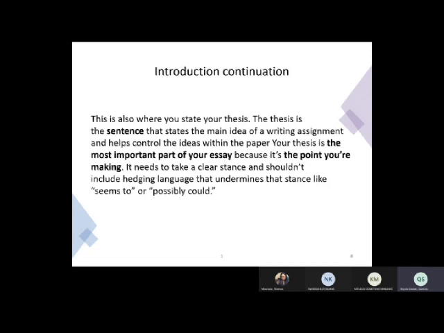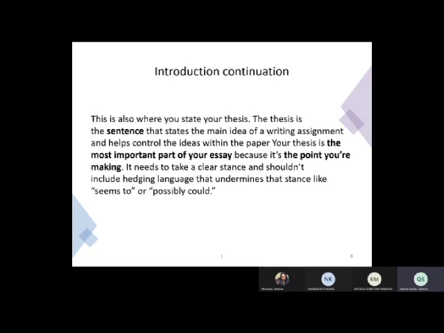Your thesis is the most important part of your essay because it's the point you're making. It needs to take a clear stand and shouldn't include hedging language that undermines that stance, like seems to, possibly, could. These words make it seem like you're not sure of your stand.